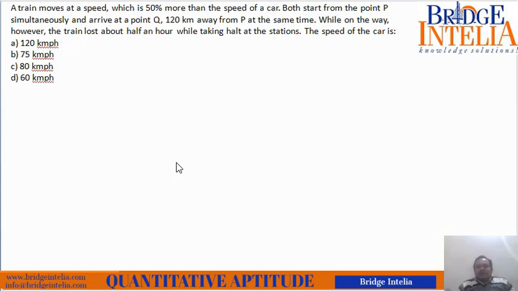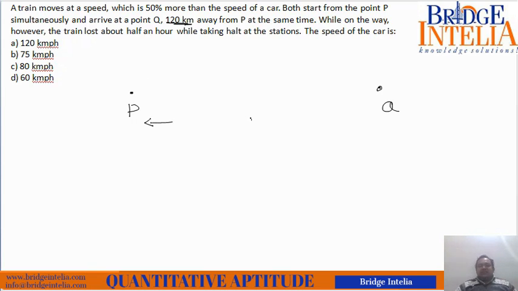So now let's see. A train moves at a speed which is 50% more than the speed of the car. So two entities, train and a car, both are moving from P to Q. So there is a point P and there is a point Q. They are 120 kilometers away.